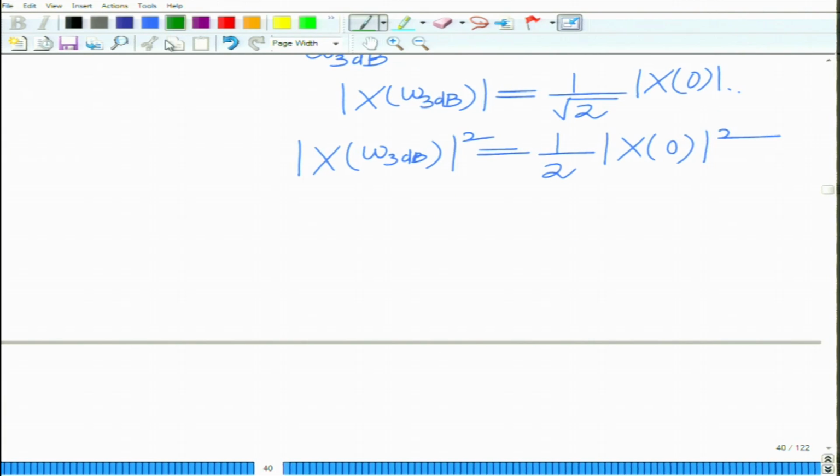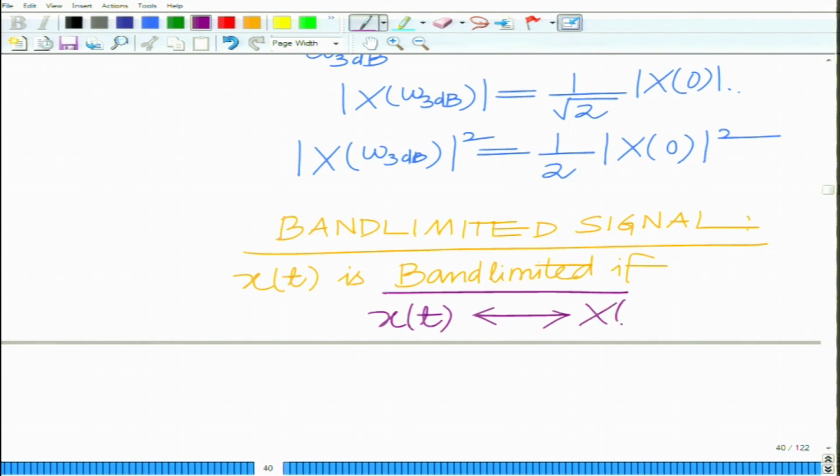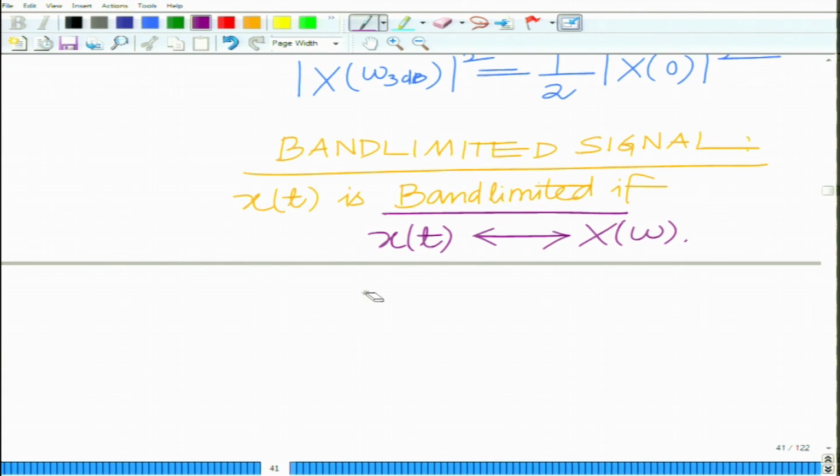And also there is the notion of what is known as a band limited signal. I think this is something important. x(t) is a band limited signal if, let us say we have the Fourier transform of x(t), which is X(omega), magnitude of X(omega) equals 0 for omega greater than omega m.